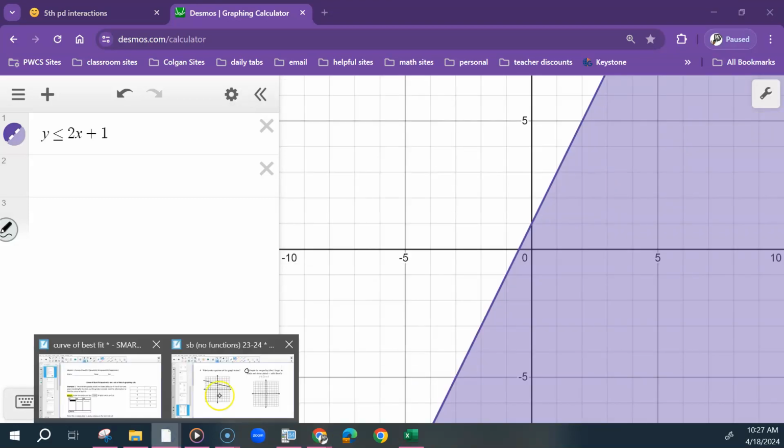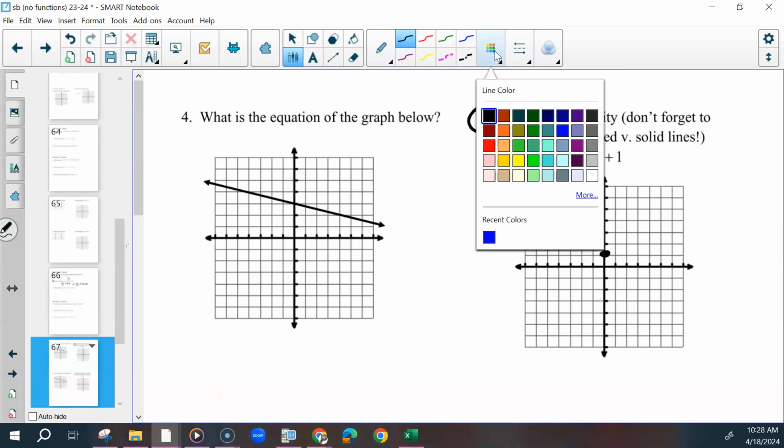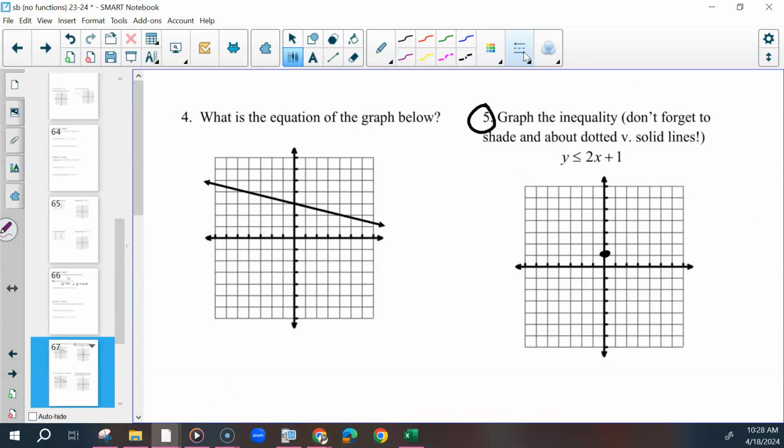So on your graph, it would look something like this. Something like that. Questions on that?